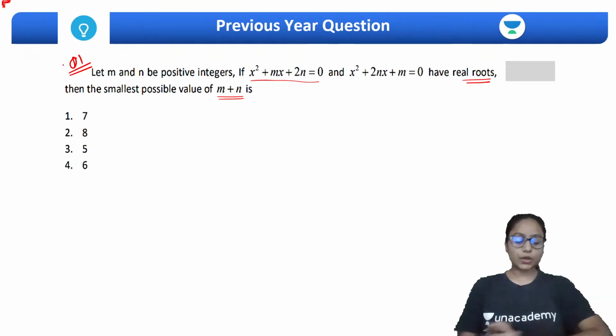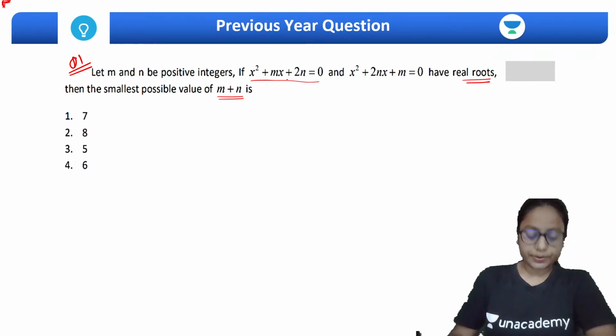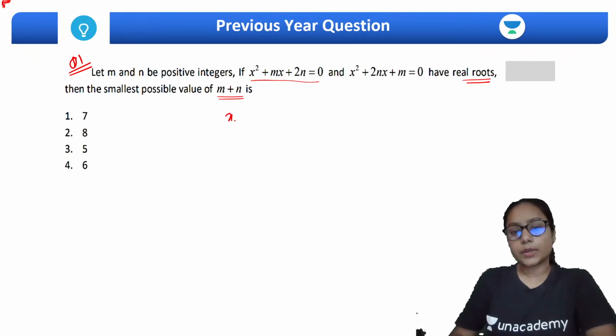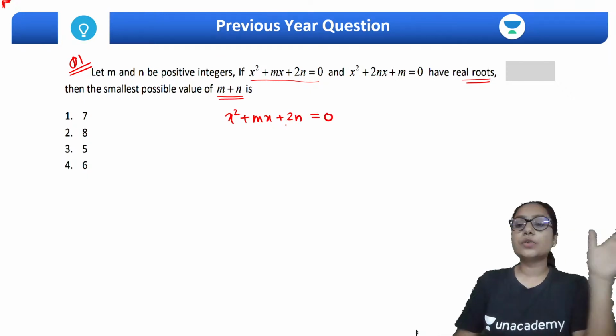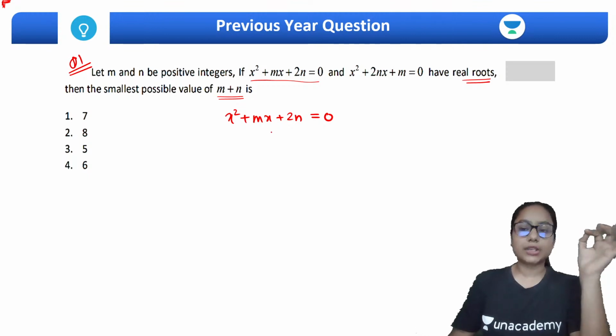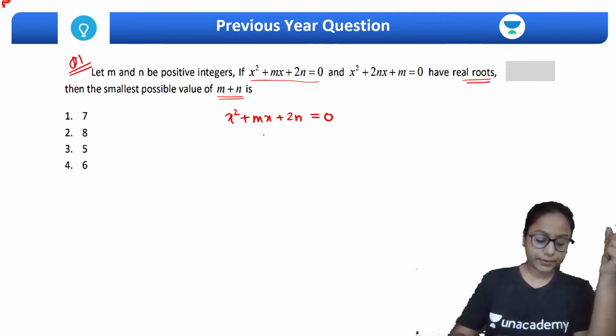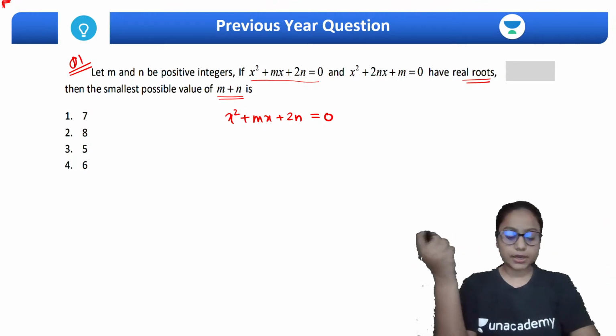Okay, so let us discuss this question. We have this quadratic equation, x square plus mx plus 2n is equal to 0. Now this equation has real roots. When does a quadratic equation have real roots? What is the condition of real roots?